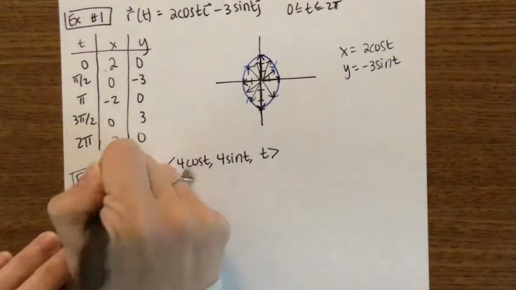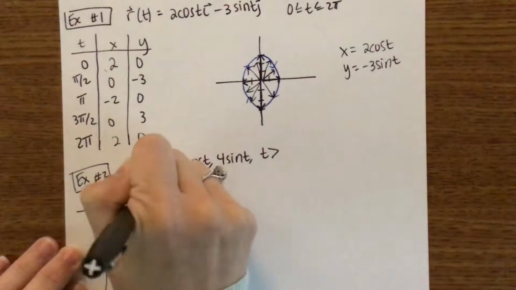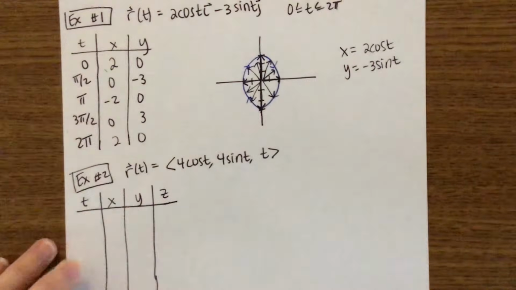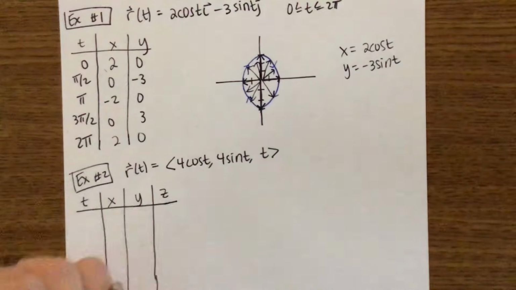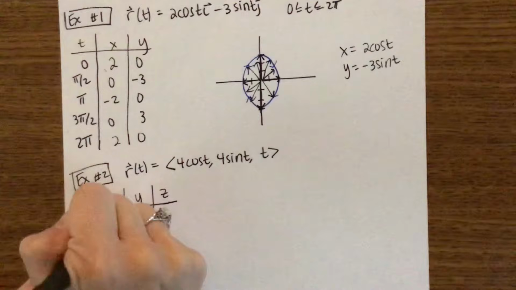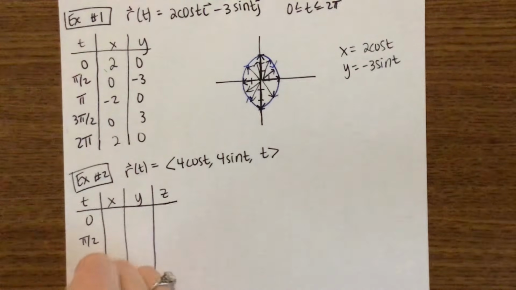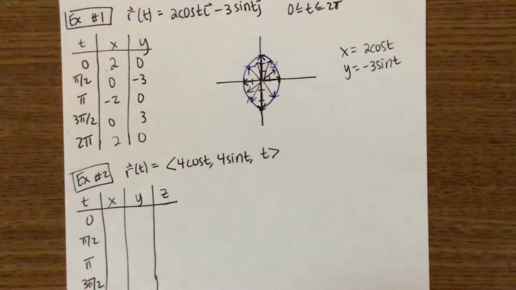Okay, so same thing from before. Plug in values of t. We're going to plug in all the same ones we did before. So 0, pi over 2, pi, 3 pi over 2, and 2 pi. Okay, can I trust that you guys can plug these in? So can I just write them all down for you?